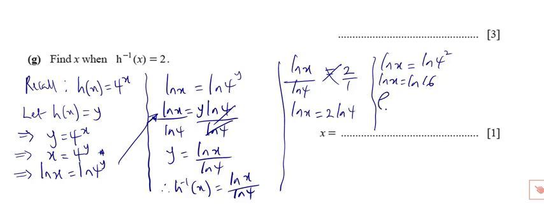So we have exponential of ln x equals exponential of what? Ln 16. Now this exponential cancels the ln here. This one cancels this. You'll see we are left with what? x equals 16. Sorry, it's somewhat lengthy, though it's 1 mark, but I feel that I should show you this.